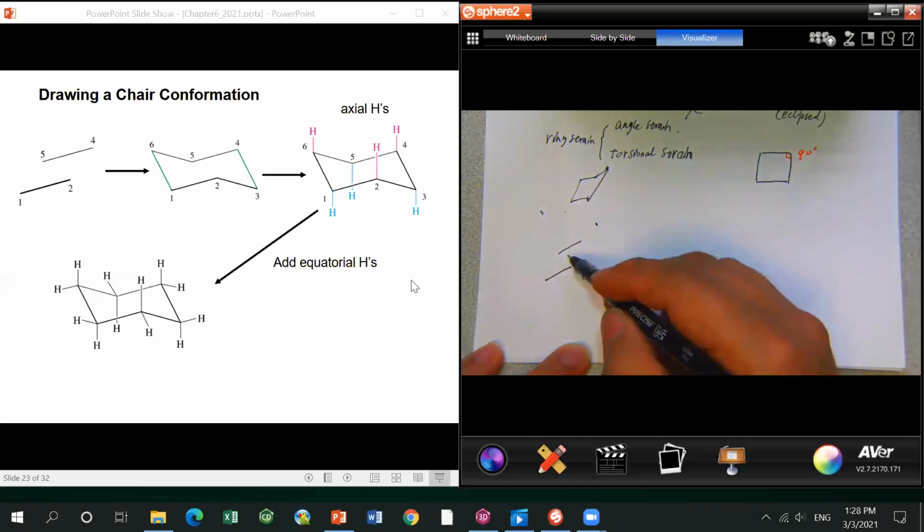Like this. These two parallel lines are a little bit mismatched with each other.